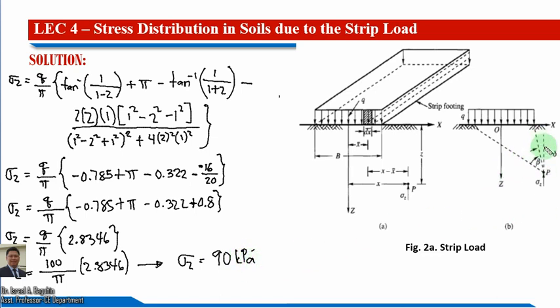So this would be it for this problem, in calculating the vertical stress using the Gaussian equation for this strip load. In this case, we have the vertical stress sigma z equals 90 kilopascal. So I think that would be it for this problem, and also for this lecture today.